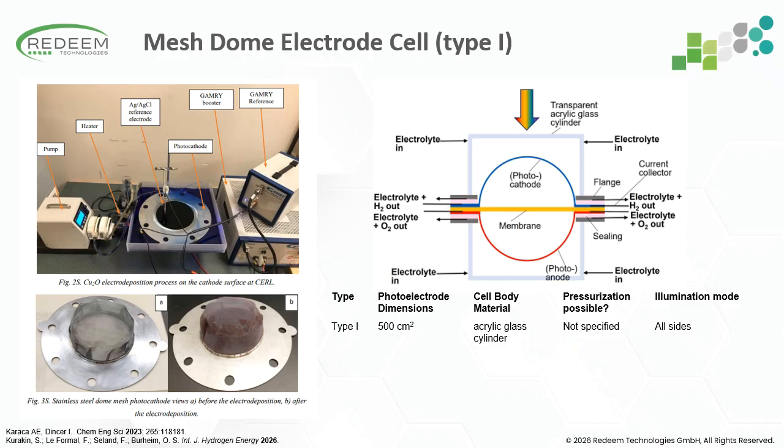However, this increased geometric complexity also introduces new challenges. So manufacturing becomes more demanding and sealing curved components is much more difficult than flat plates, and obtaining uniform catalyst or semiconductor coatings over the entire dome surface is also considerably harder.